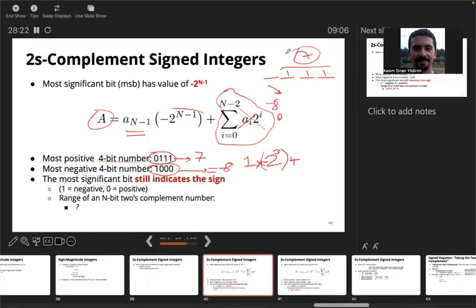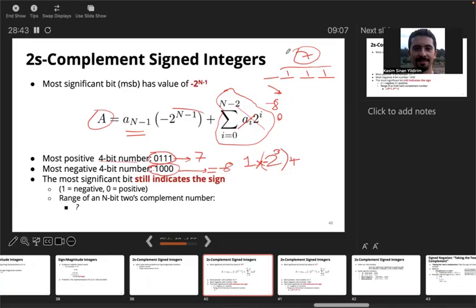So if we have 4 bits, the largest positive number I can represent is 7. The smallest, or largest negative, number I can represent using this representation is -8, right?